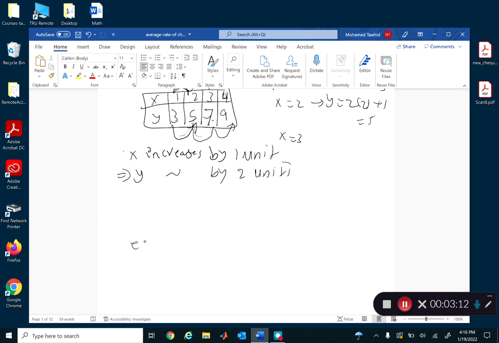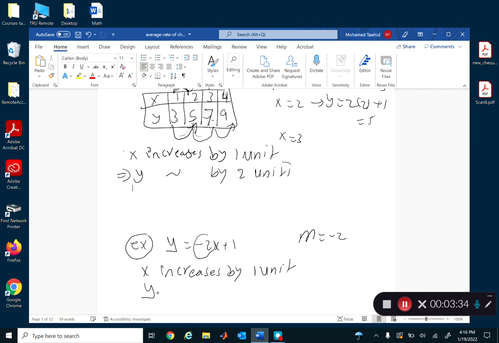If I repeat the same example, but I have y equal negative 2x plus 1, then what is your slope? Your slope here is negative 2. If your slope is negative 2, when x increases by 1 unit, what happens to your y?